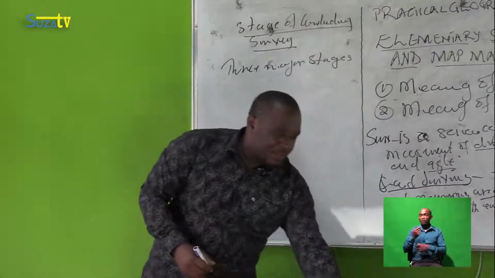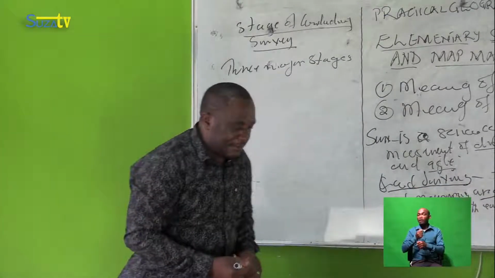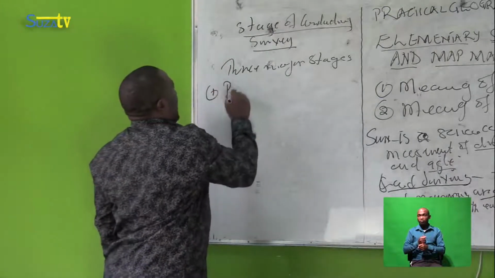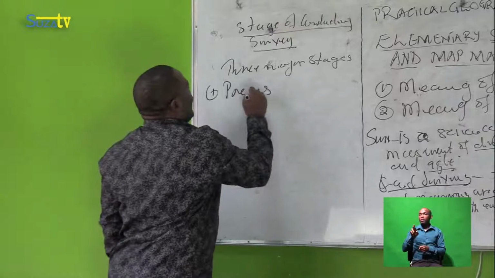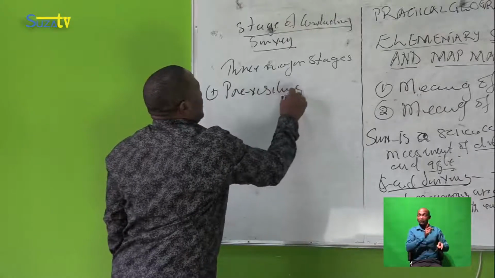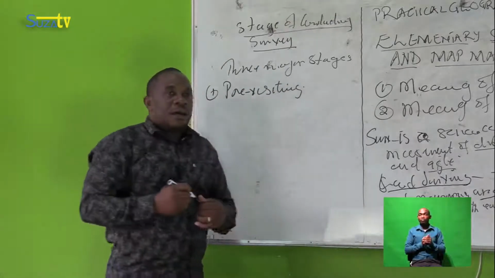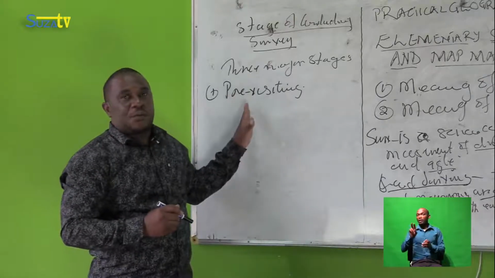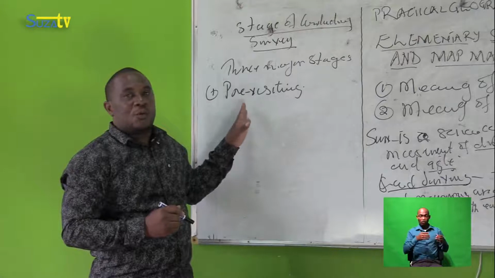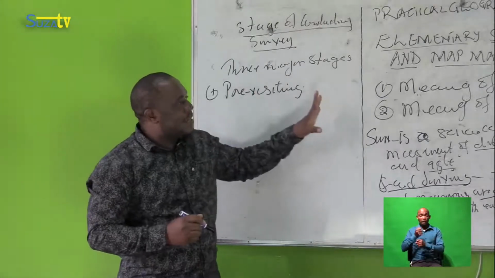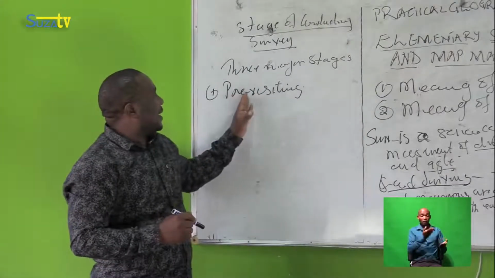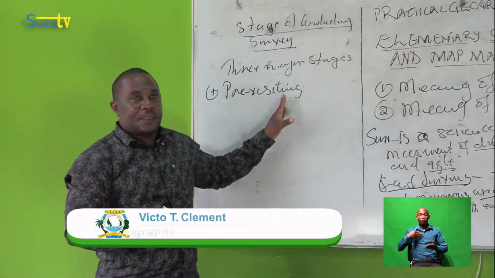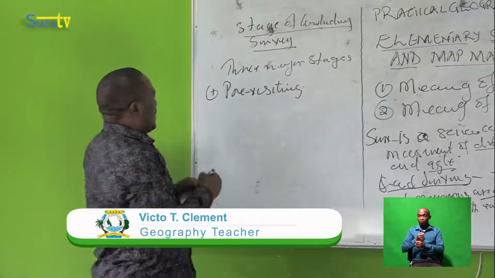Number one should be making a pre-visit. The survey team or survey group, the people who deal with survey and need to measure, should first make a pre-visit to the area in the field. What is the importance of this?